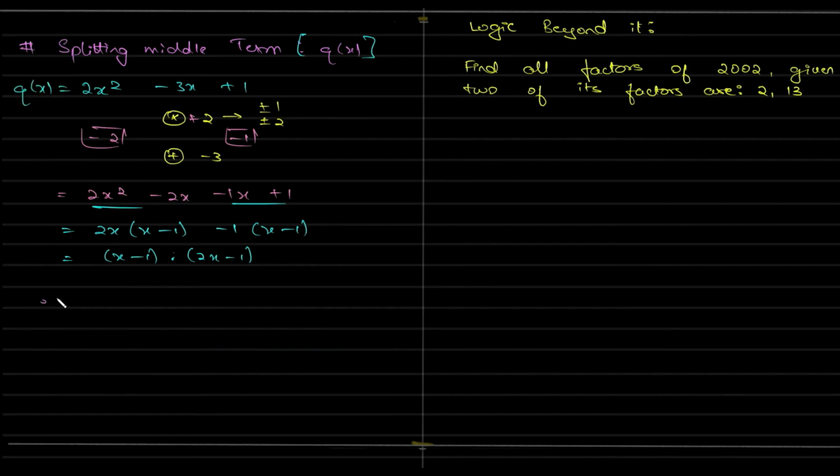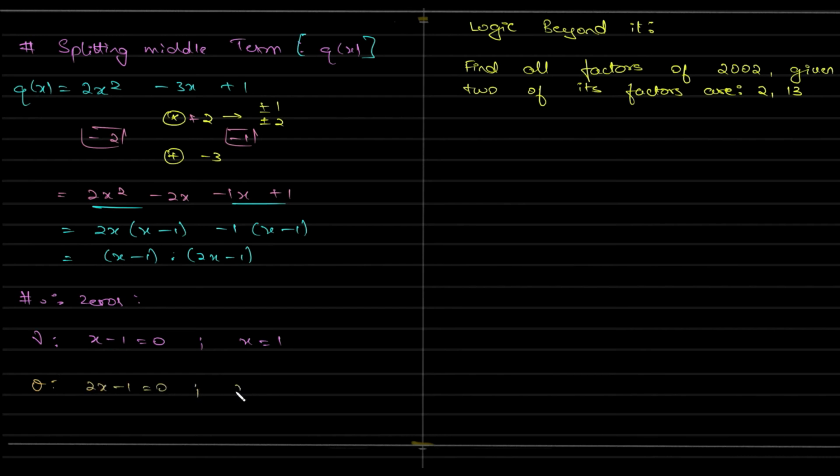Therefore the next step is to find the zeros. x minus 1 being equal to 0, so x is equal to 1. That's your gamma. And then we have the last, theta: 2x minus 1 is equal to 0.